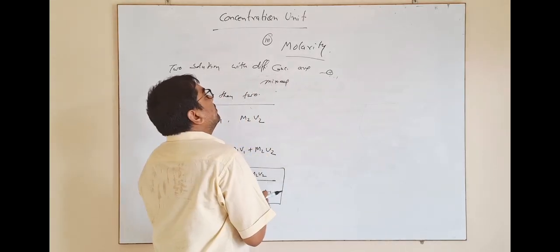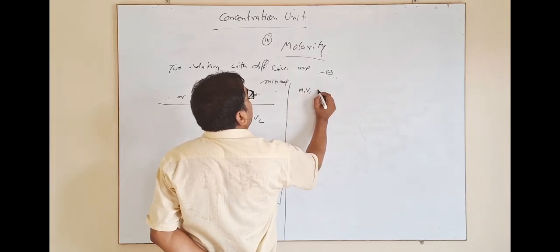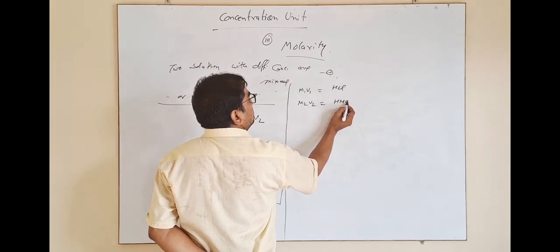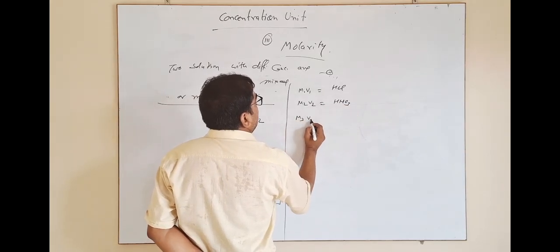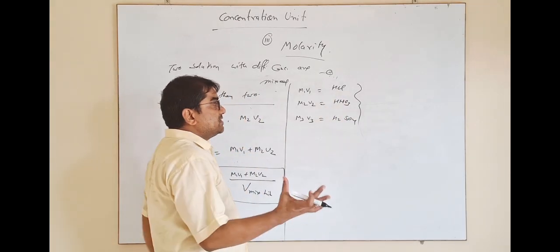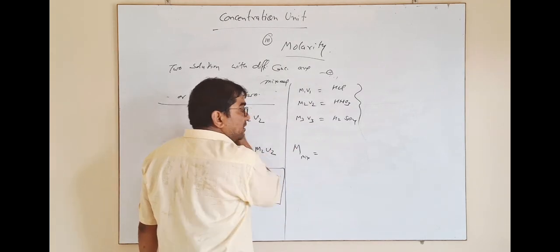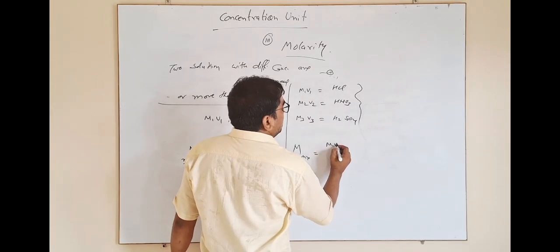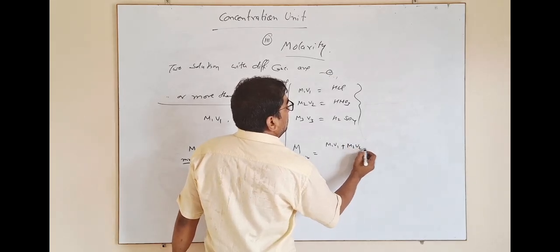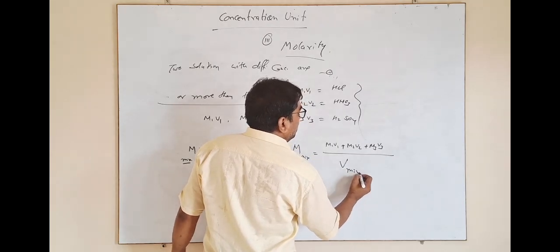For example, if we take M1V1 for HCl, M2V2 for HNO3, M3V3 for H2SO4, etc., and all these three acids with different concentrations are mixed, a mixture is formed. So what will be the molarity of the mixture? It will be the ratio of the sum of the products of molarity with volume of the solutions, to the volume of the mixture.